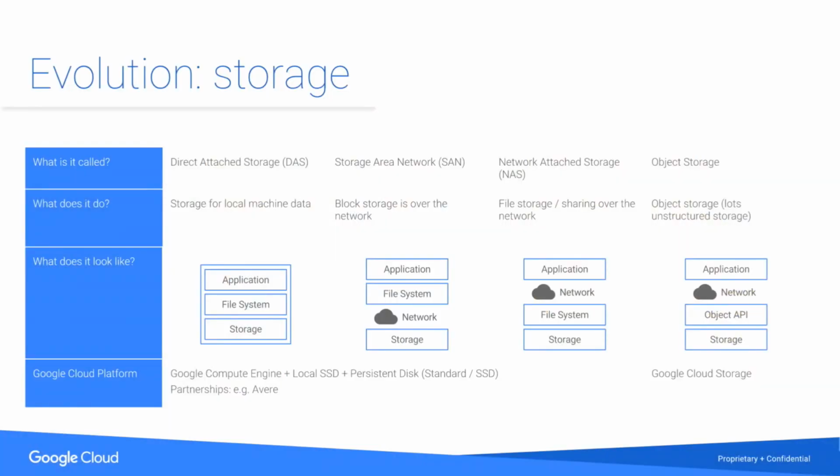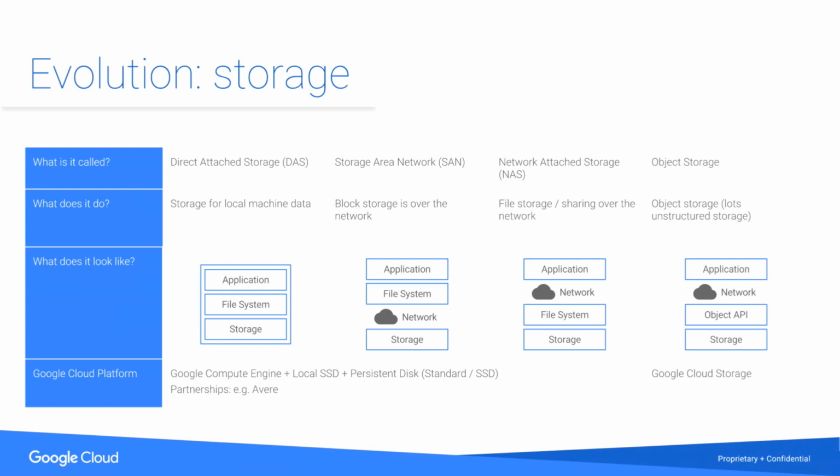And you can see across the bottom there that Cloud Platform can meet you there as well. So local SSDs will sit in the same rack as the compute. That's synonymous with the direct attached storage. And then if you need block storage like with SANs or NASes, then you can attach persistent disks to your compute. But that storage is really coming over the network.